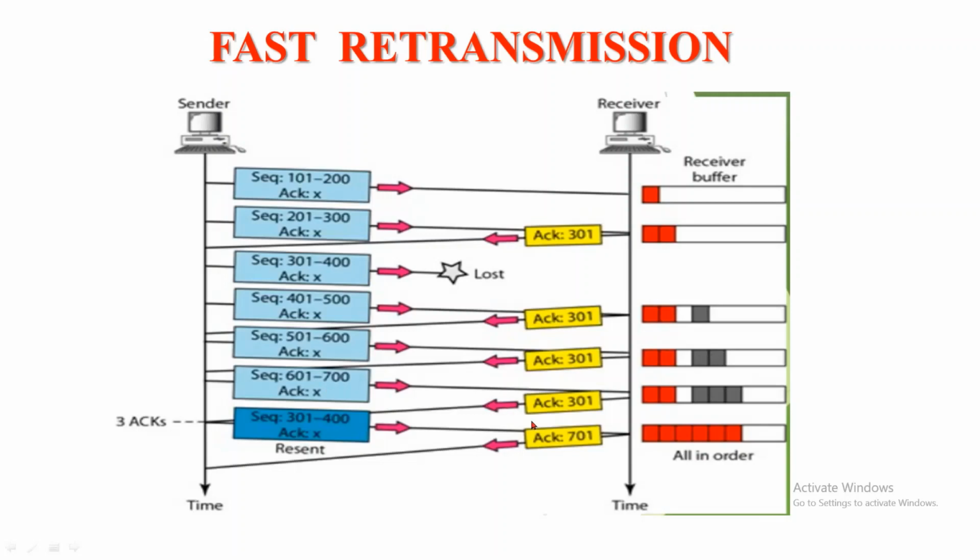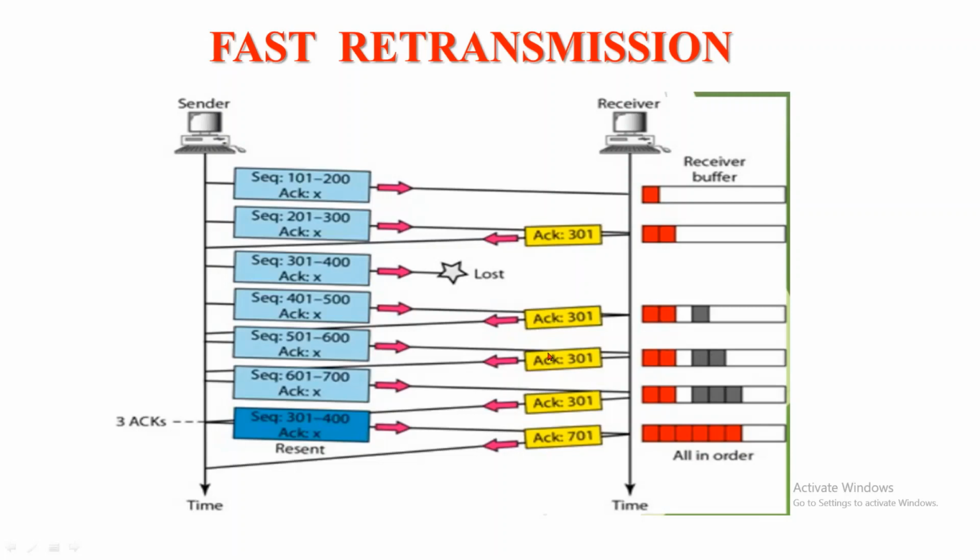Then after receiving this, the receiver sends an acknowledgement with the sequence number 701, meaning that it is now expecting a segment with sequence number 701 because it has received up to sequence number 700. So this acts as a cumulative acknowledgement, and the sender understands that all segments up to sequence number 700 have been received intact by the receiver.